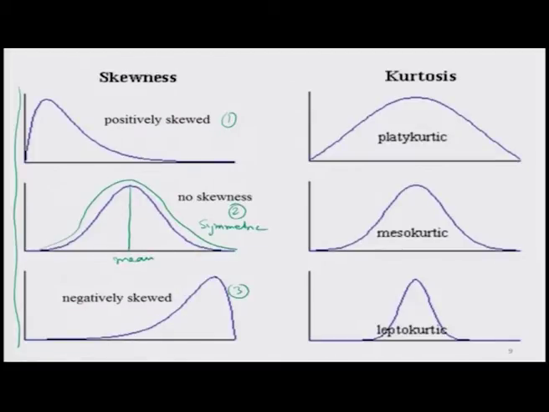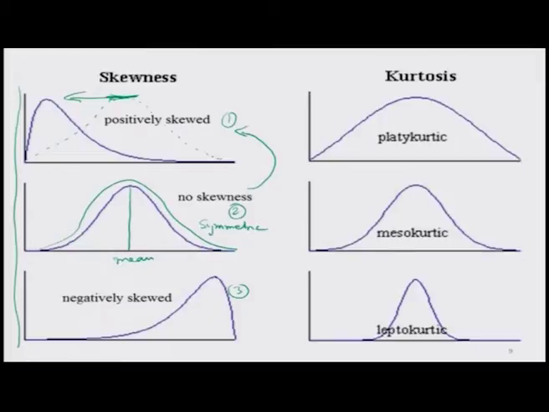Now, if you compare figure number 2 with figure number 1, and plot it over the same figure, it will look like this. You can see that the hump is now shifted to the left hand side.